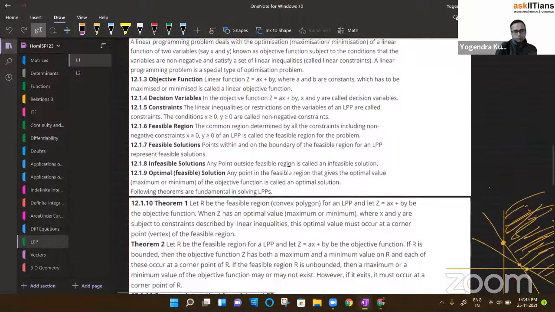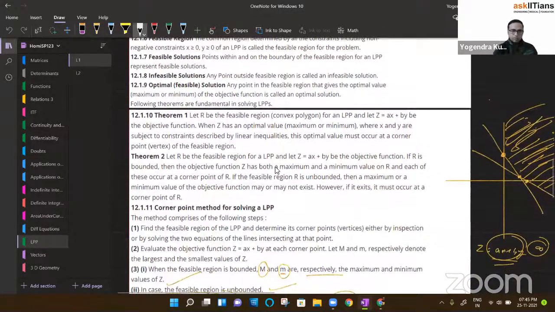Here also this point is there, in the theorems in NCERT. These points are mentioned here also. Let R be the feasible region.